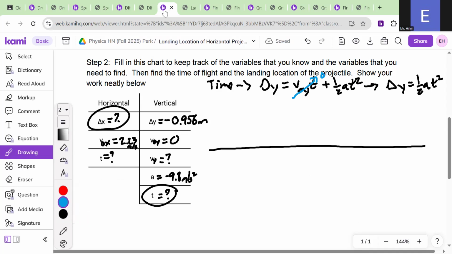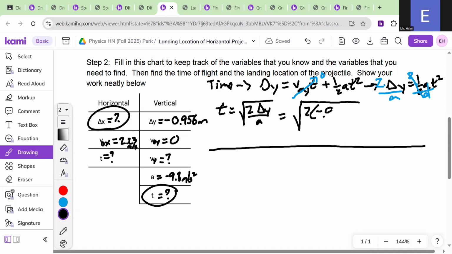It's the same way we've been solving for T: multiply by 2, divide by A, and square root. So time is equal to the square root of 2 times delta Y over A, which is 2 times negative 0.956 over negative 9.8. Put that in your calculator, everybody.